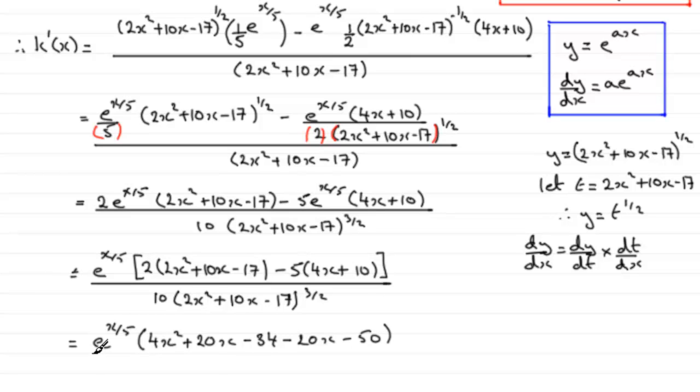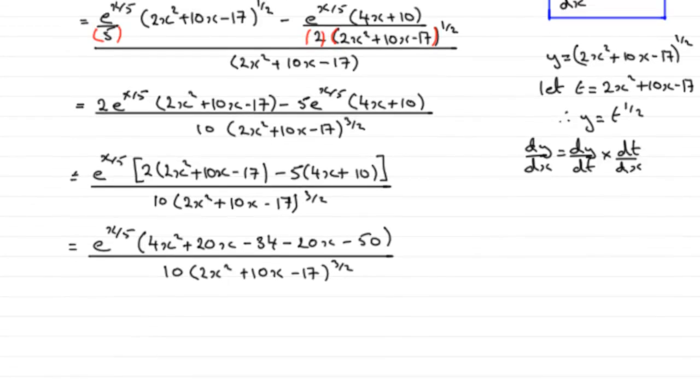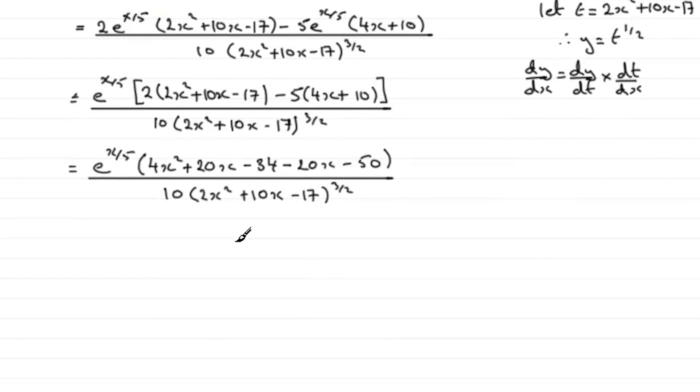And again, all of this is divided by 10 times (2x squared plus 10x minus 17) to the power 3 over 2. Let's just scroll up again. Now we could group up the terms inside the bracket here, I'm sure. So we've got e to the power x over 5. And what have we got?